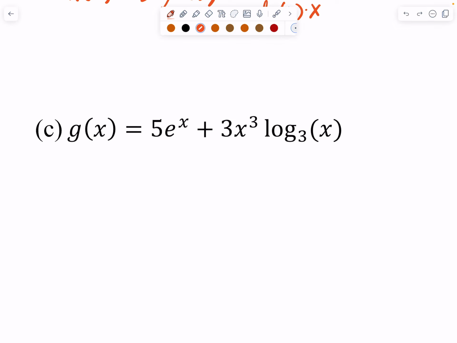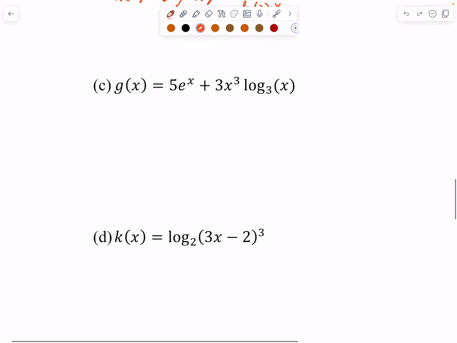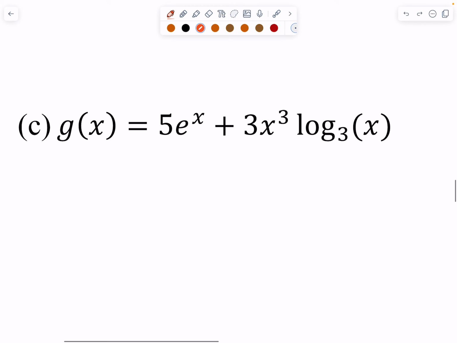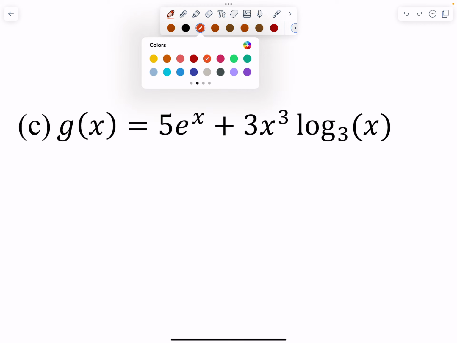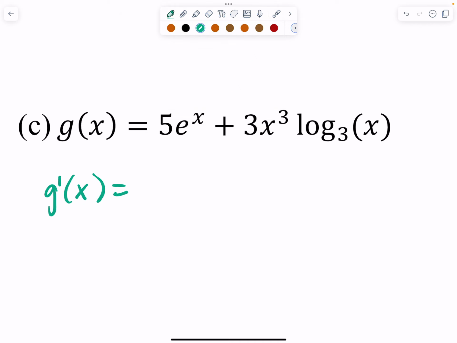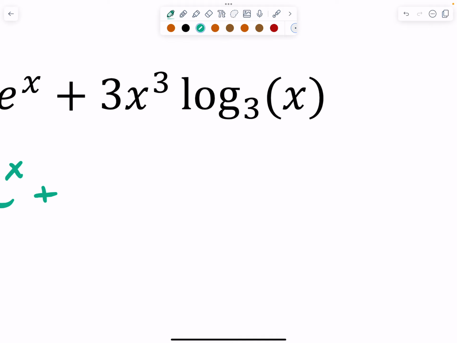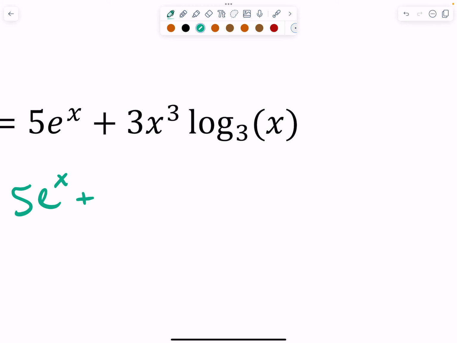All right, this one looks a little bit more complicated here. So let's choose a different color. Green. Okay, so g prime will be 5e to the x, and then we need to use product rule. And we could leave the 3 factored out, or we can say that that's one factor, that's the second factor.